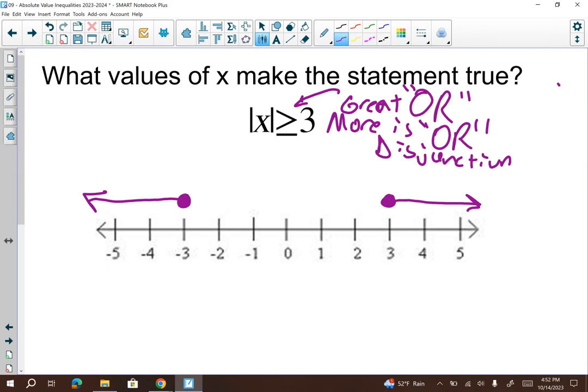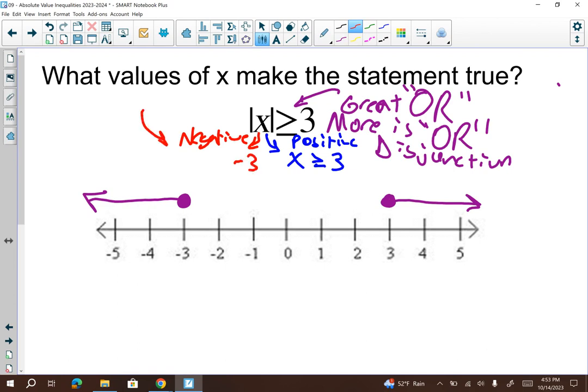Okay? And where does this come from, that idea of a disjunction? Well, the way we write it is we think about it again with those two cases. When we write the positive case, right, we just take what's inside out, keep everything the same. X is greater than or equal to 3. That's our positive case. When we make our negative case, we're taking this number 3 and we're making it negative.